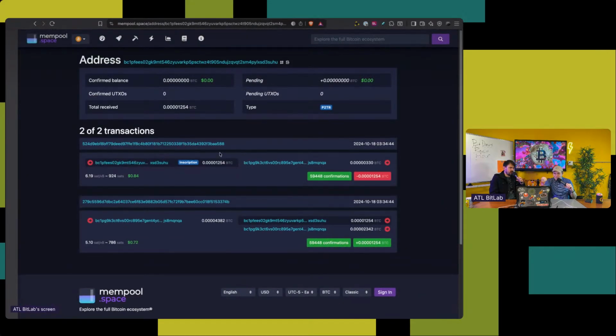Pay to anchor is spendable by anyone. It's really tiny and takes up less space on chain, because you don't have to provide a signature to prove that you can spend it. It sounds a little scary though, right?